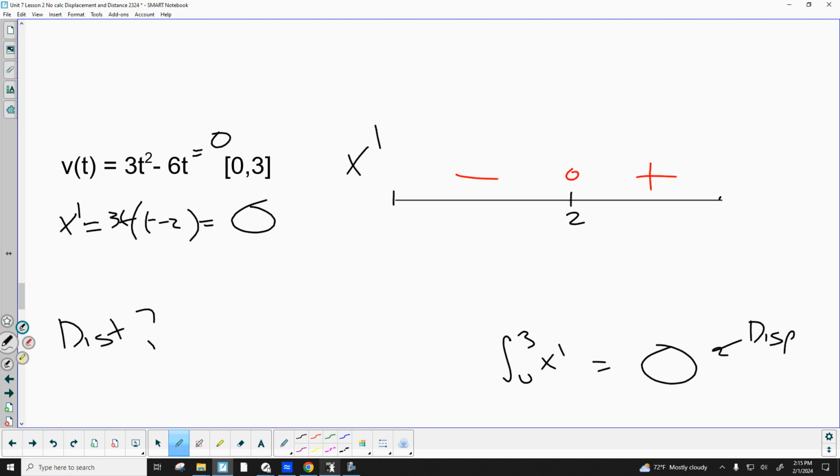Now, this is what we did for the first lesson, okay? We did a sign analysis. We focused on the fact that your position is decreasing and increasing. That tells me I'm moving to the left when my position decreases. I'm moving to the right when my position increases. Great.